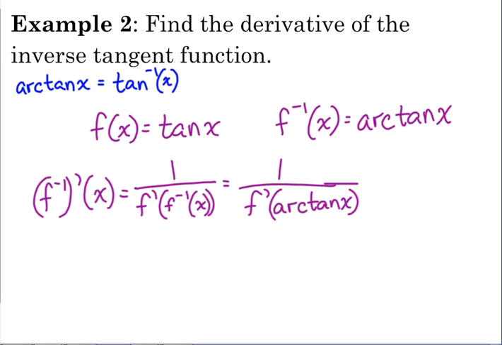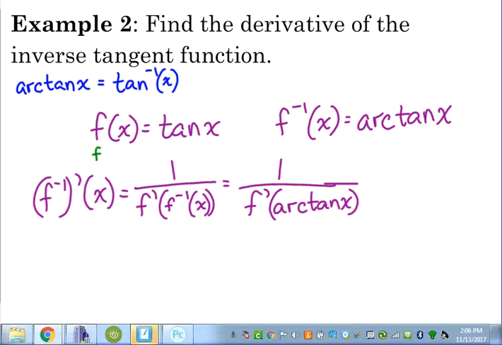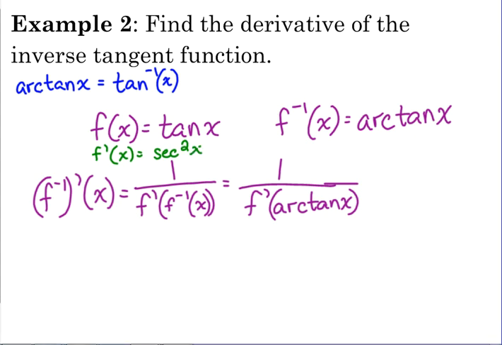If f is equal to the tangent of x, then the derivative of tangent is secant squared. Secant squared doesn't do us a whole lot of good, but do you remember those Pythagorean identities? Secant squared is equal to tangent squared plus 1.